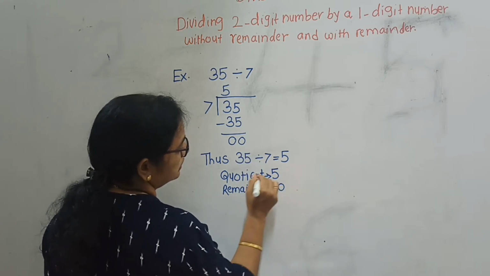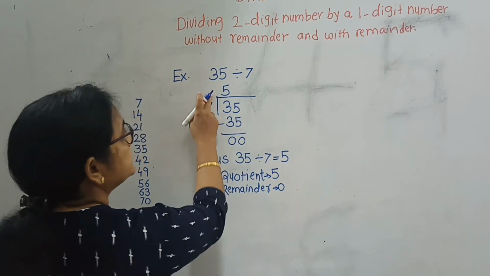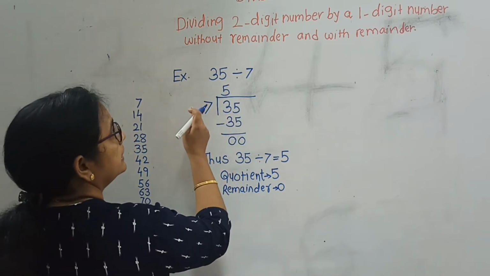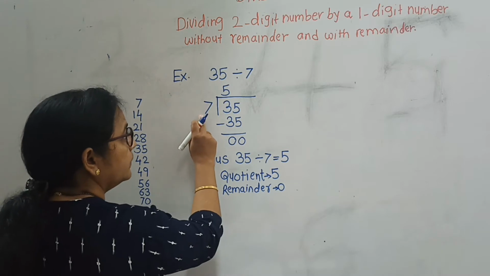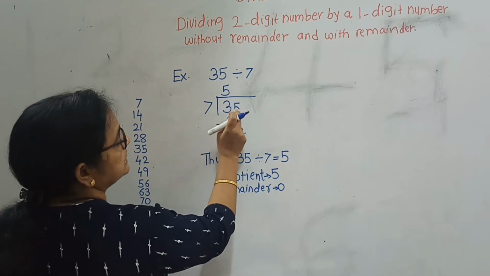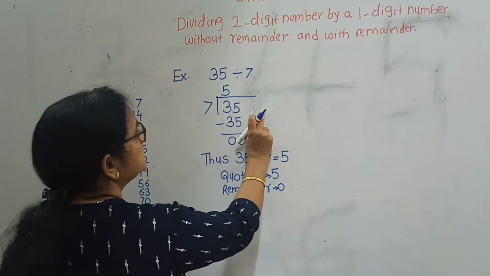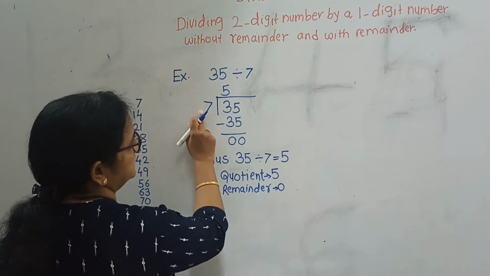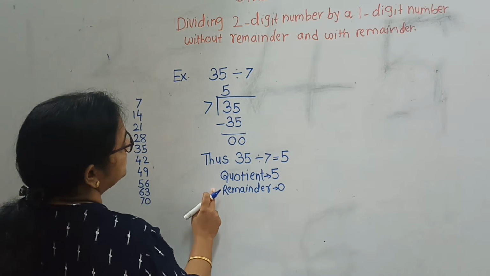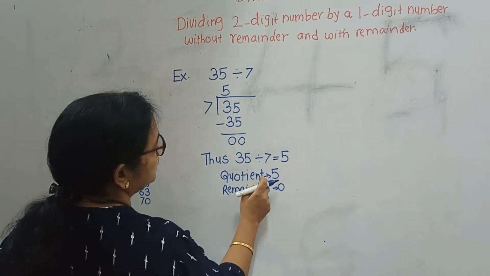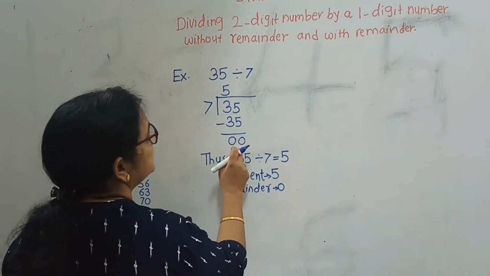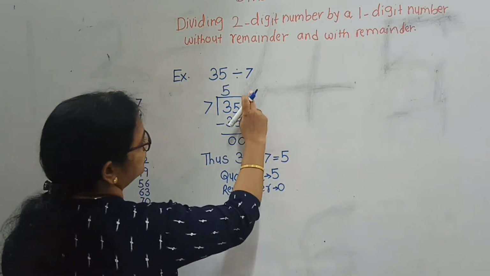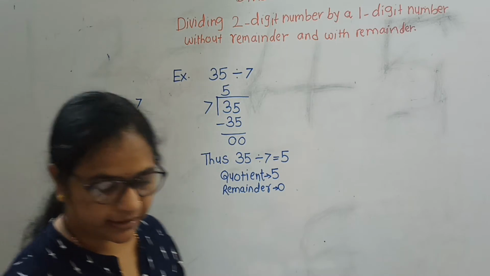Yes children, this is division of a 2-digit number by a 1-digit number. Its dividend is 2-digit and the divisor is 1-digit, and this is division without remainder because the remainder is 0 here. Quotient 5. Okay children, let's see one more example.